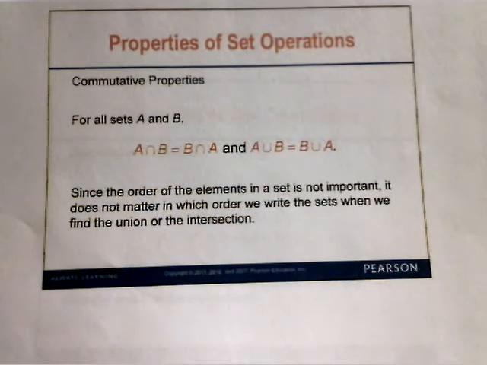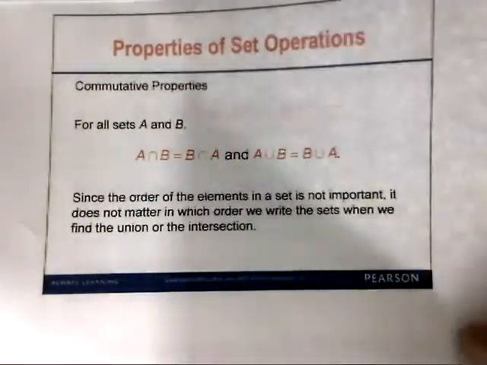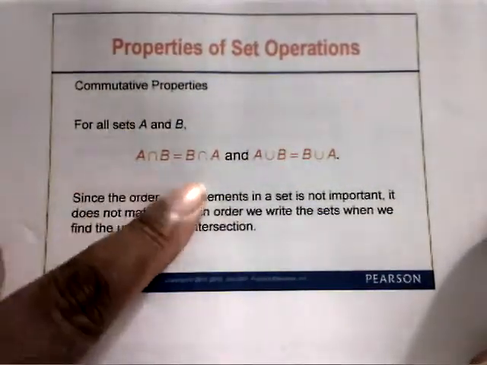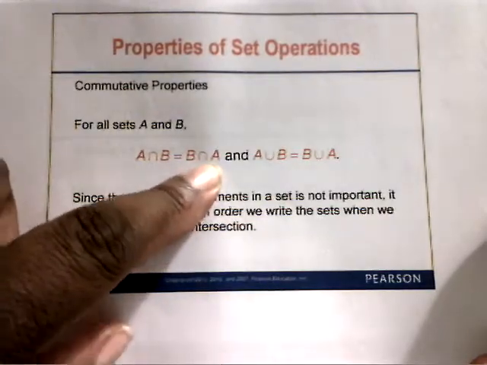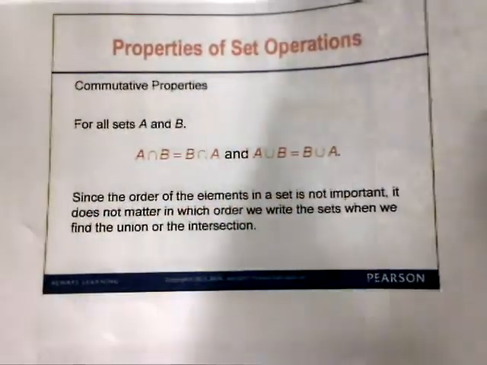Okay, so this is what the commutative property with set operations is. The intersection of A and B is the same as the intersection of B and A, and the union of A and B is the same as the union of B and A.